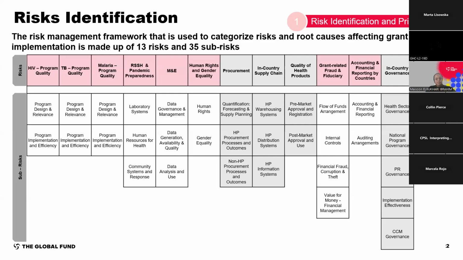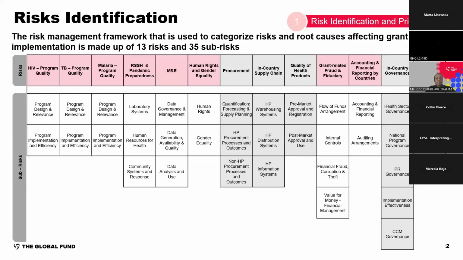So an example of this is how the Global Fund had worked with partners to accelerate the introduction of new nets, for example, into the market, and to accelerate their availability at country level to address the risk of insecticide resistance, for example.